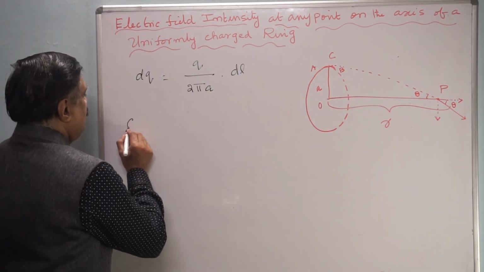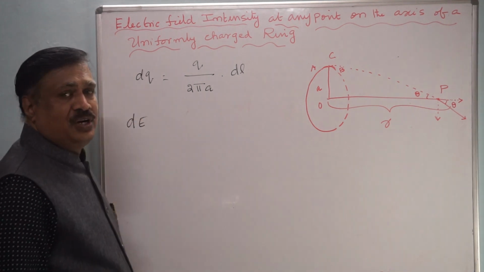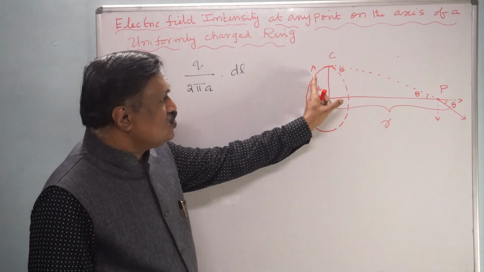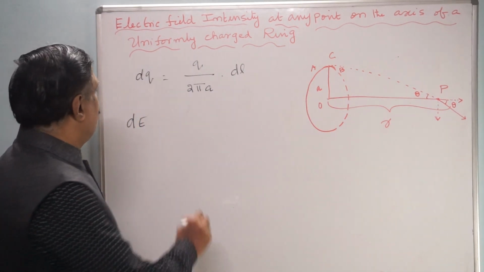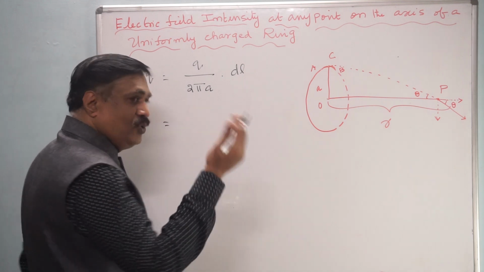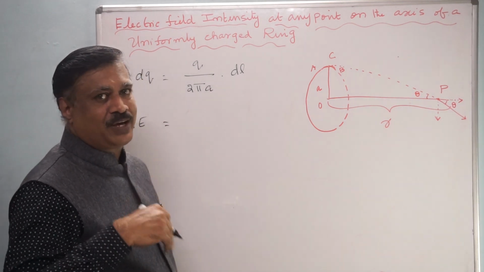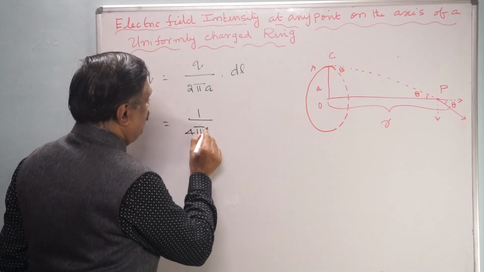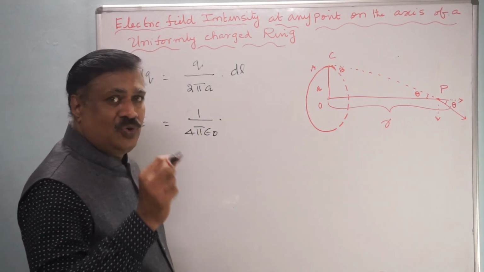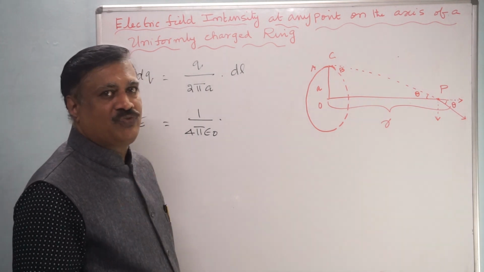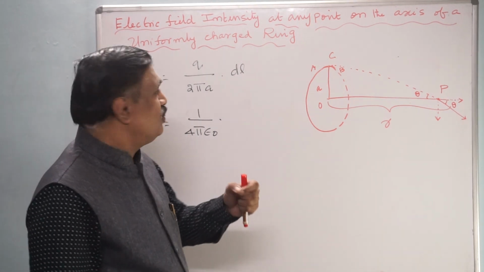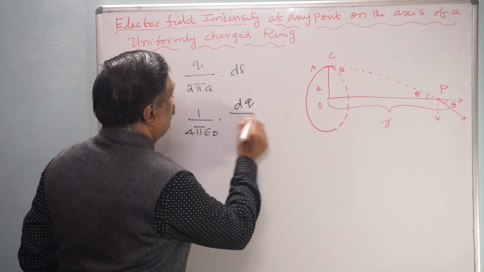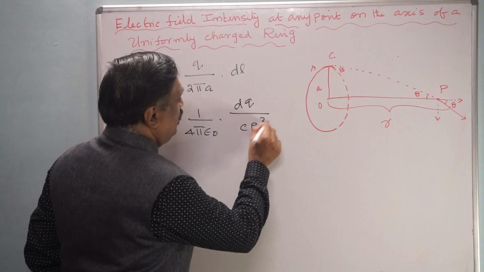Now dE, that means the electric field intensity due to this small element AB, equals 1 by 4 pi epsilon naught q by r squared, our usual formula. Now for q we have dq, therefore here dq divided by CP squared.